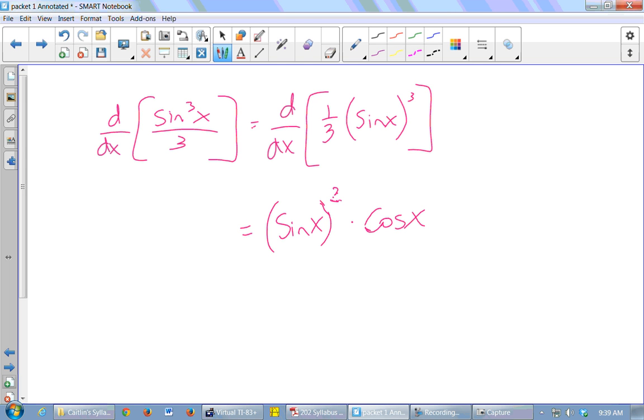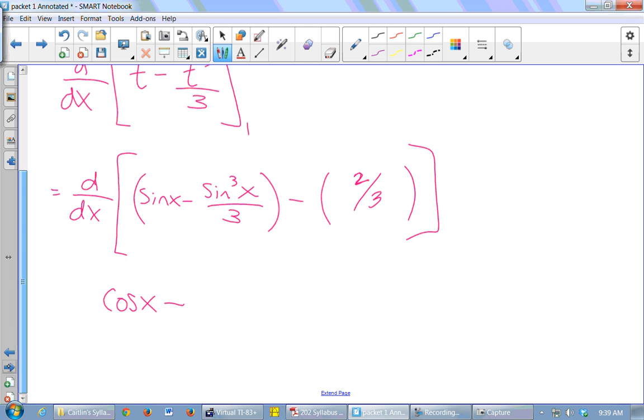So no matter which way you do this problem, FTC1 or FTC2, you use the chain rule. So this is sine squared x times cosine x. And then the derivative of 2/3 is 0, so that part goes away.